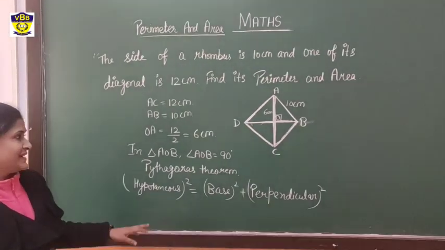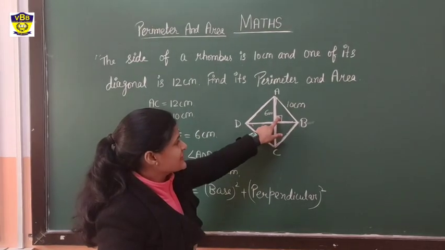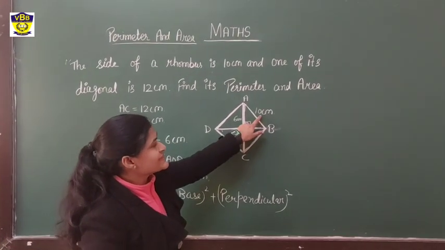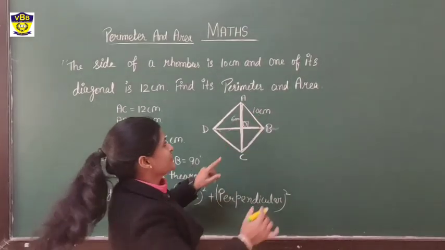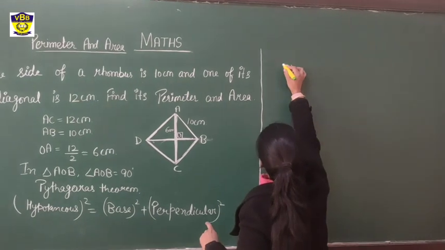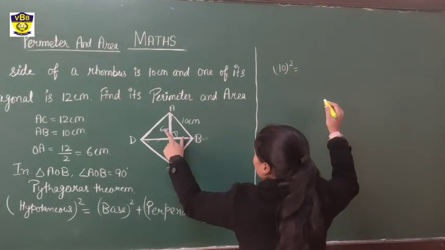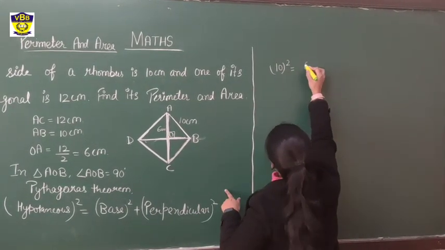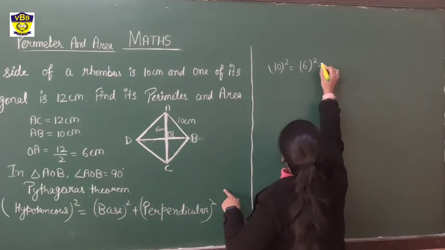The side in front of 90 is called hypotenuse. So hypotenuse is equal to 10. 10 square is equal to, this is perpendicular, 6 square, and base is not given.